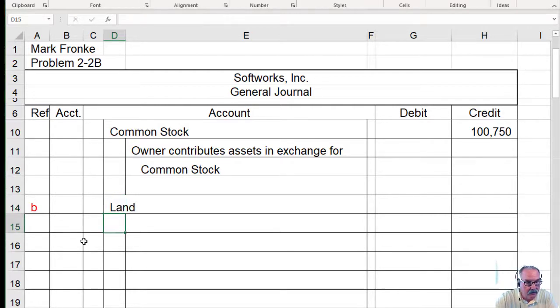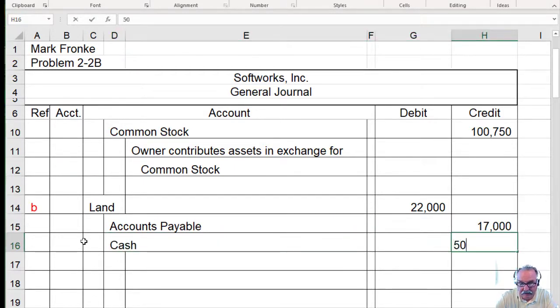Oops, except I put it in the credit column. For $22,000, we credit notes payable for $17,000, and we credit cash for the down payment for $5,000. Doesn't really matter what order we put those credits in, but debits always come first.